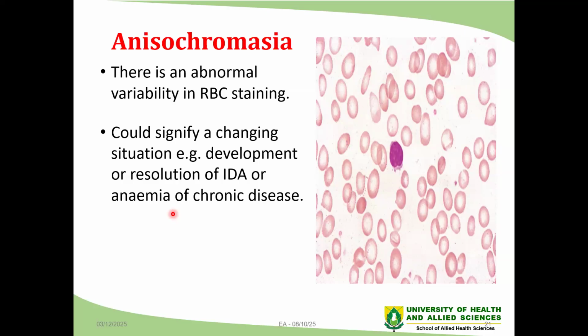The person will tend to have red cell production becoming normal in the new cells that are being produced, while the old cells still are showing signs that they were the old cells. So the very hypochromic red cells would be the old cells, and then the new ones that have enough hemoglobin will be the new cells. So that would be a case of anisochromasia.